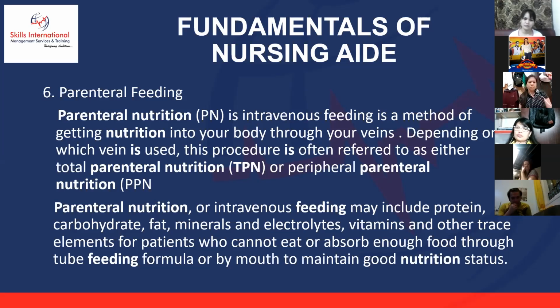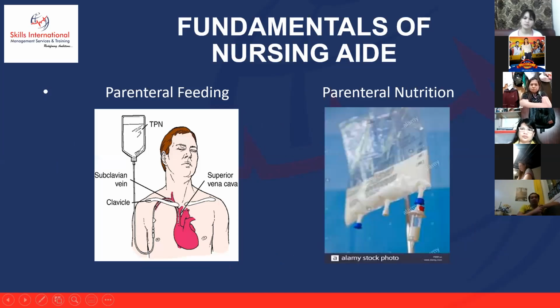Okay, so we have two feedings now, the enteral by the oral with the tube, and the parenteral, which is through intravenous feeding to the vein. So this is the parenteral feeding here. As you can see, there is the total parenteral nutrition being hung on the bottle or the plastic, and the subclavian vein being used.